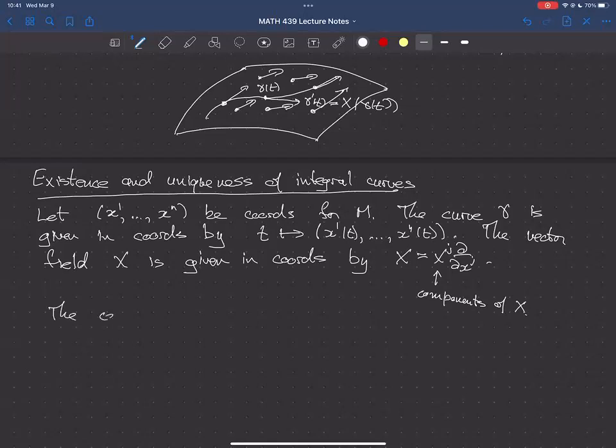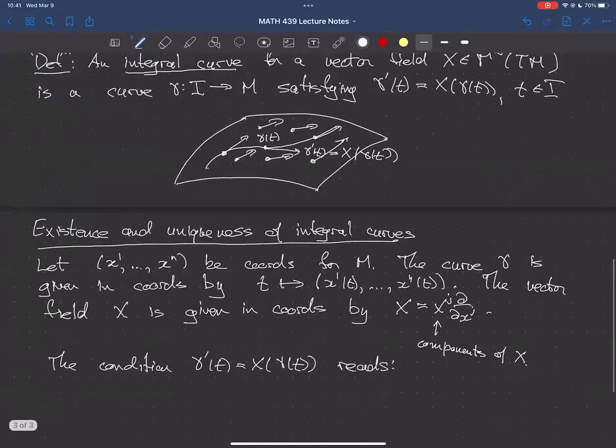All right, so now let's write down the condition to be an integral curve. The condition gamma prime of t equals X at gamma of t reads, in coordinates, of course, as follows. When we introduced this notation for gamma prime, we decided that gamma prime at a time t was the tangent vector at gamma of t whose components were just the time derivatives of the functions x1(t) up to xn(t) that defined the curve.